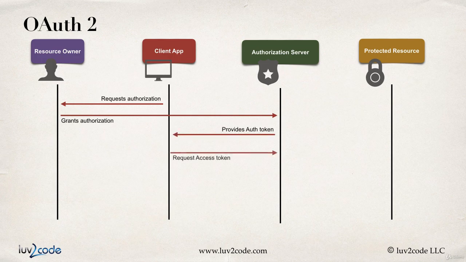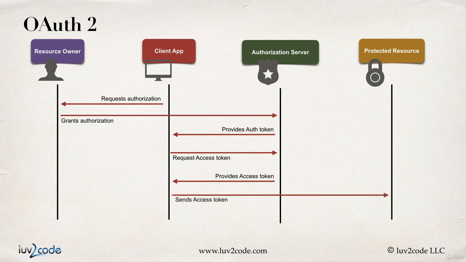The client app will use that auth token to also request an access token. This access token will actually have the details as far as how they can access this given resource, and also will have details as far as what they can do. Then they'll send over the access token to the protected resource, and then they can go ahead and use the actual resource and so forth. At a very high level, this is how the interchange works, use of OAuth 2 for authorization.